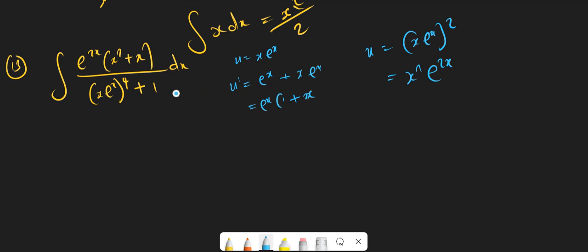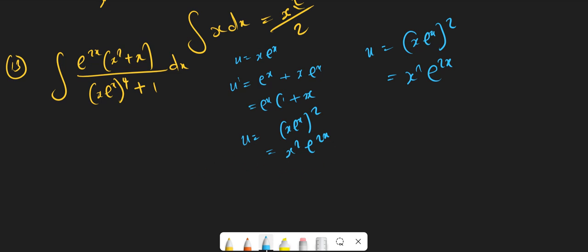But here we have x squared plus x. So imagine that we take u equal to x e to the x, but we square it. This would then be x squared e to the 2x.